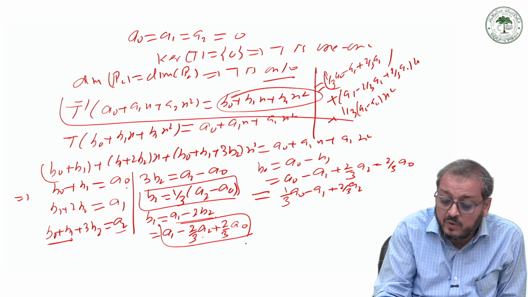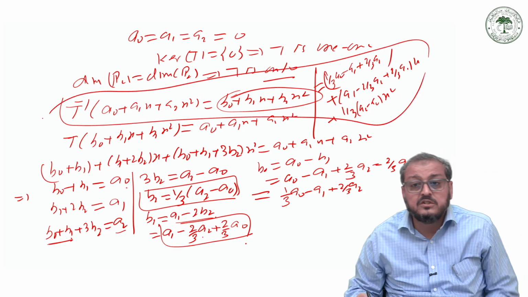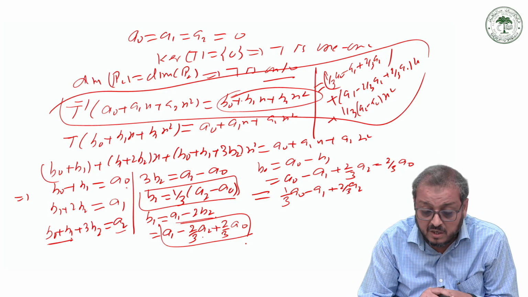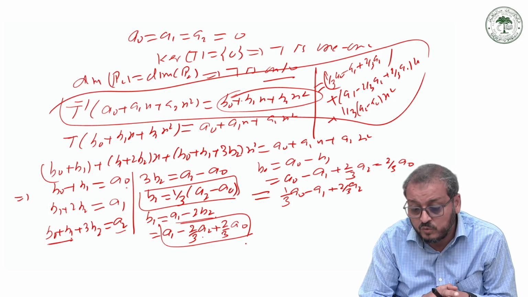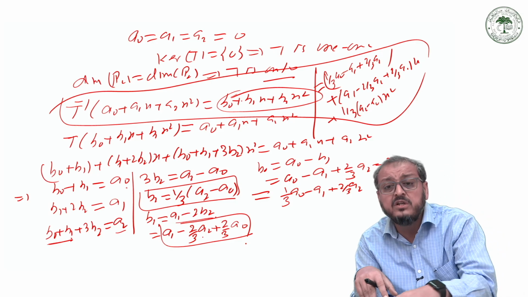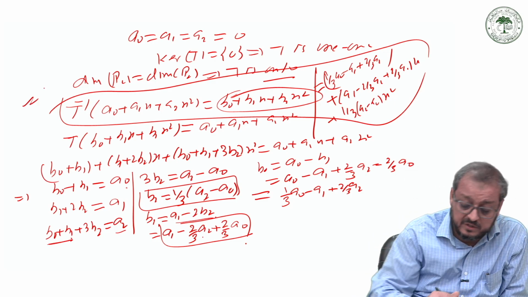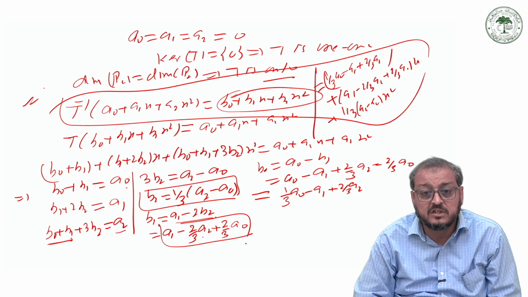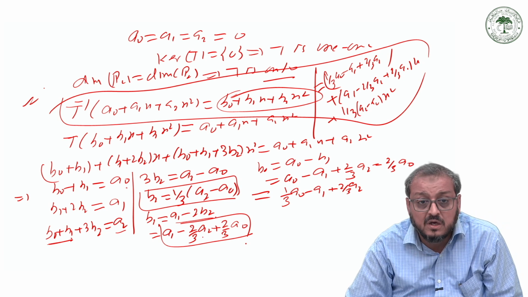So T inverse we can write in this form. So we calculate the values for b naught, b1 x, b2 x square, substituting this value into this, clearly we get this here. So this completes the solution of this problem.